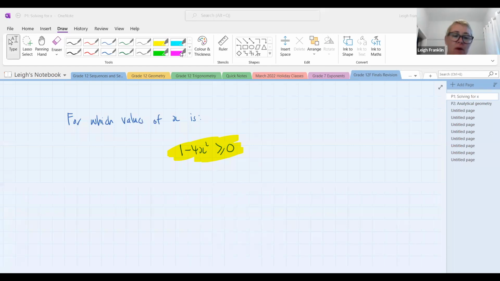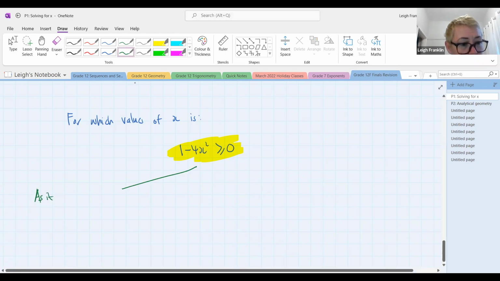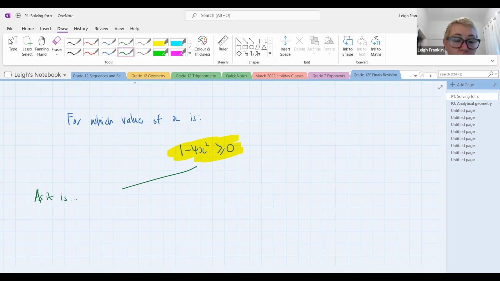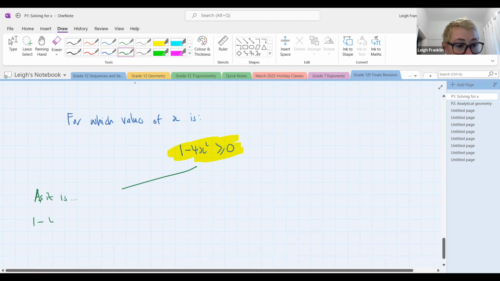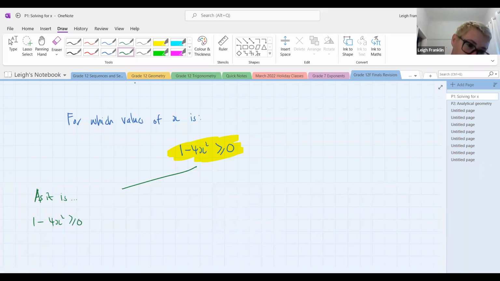Cool beans. Now, Pabalo and everybody else, if they give you a question like this, where the number in front of the x squared term is negative, you have 2 options. Option number 1 is working with it as it is, so we leave it with the number in front of our x squared term negative.